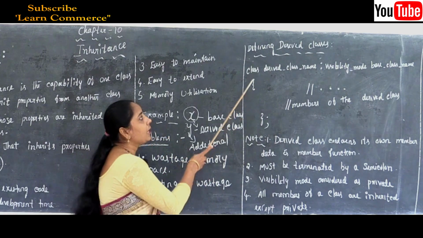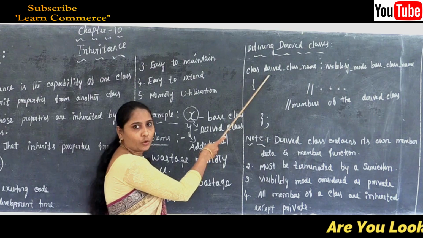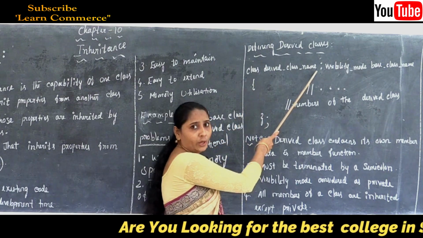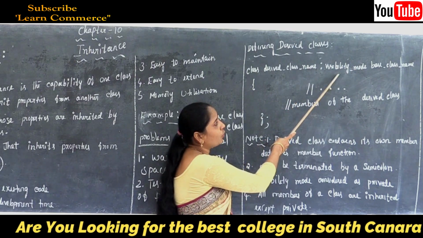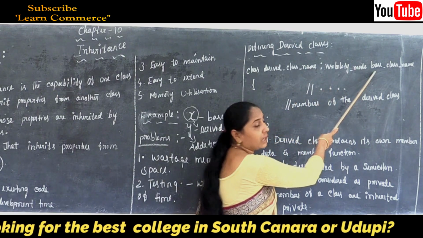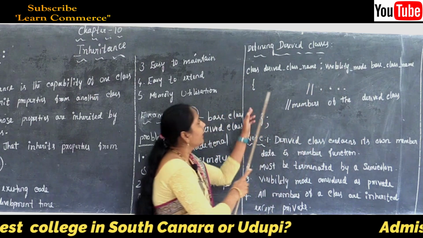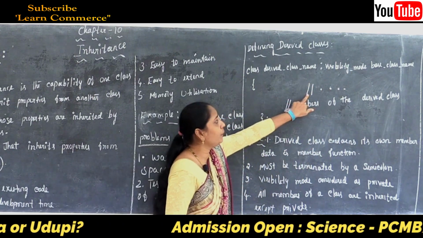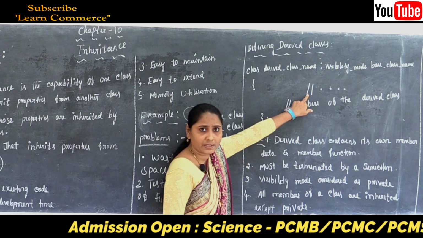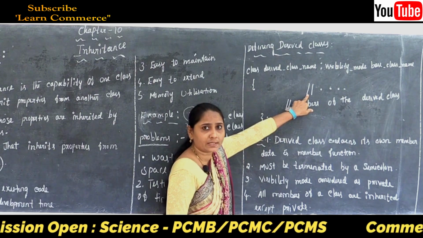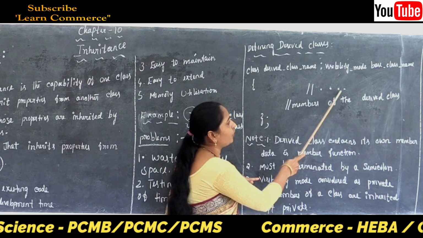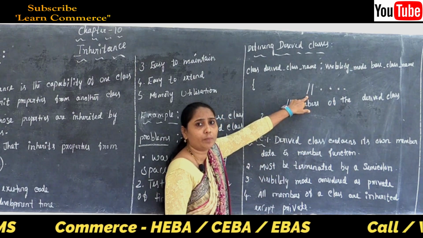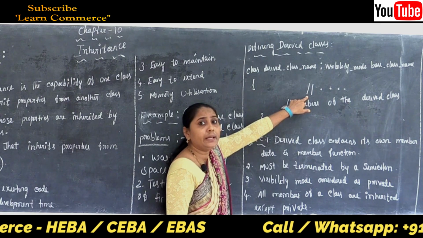So the syntax is: class derived_class_name colon visibility_mode base_class_name, and then in curly brackets, opening and closing, some of the member data of the base class, the features of the base class. This is the comment line I used, meaning the members of the base class are going to be inherited by the derived class.